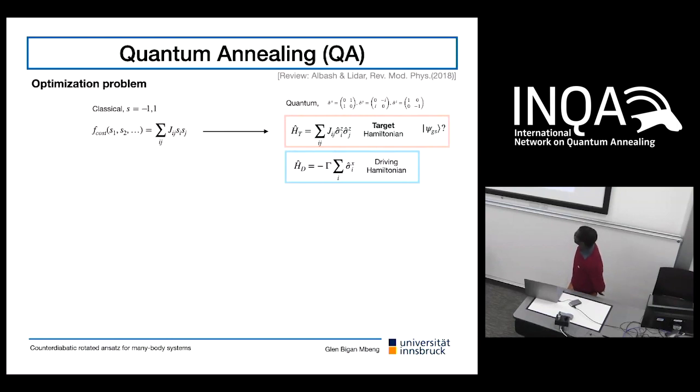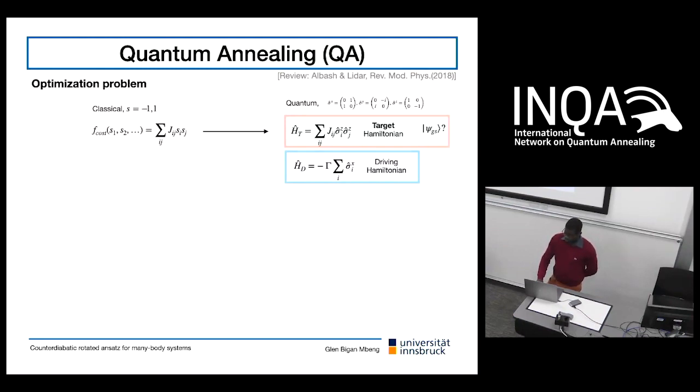So this is the usual quantum annealing paradigm. We start from a classical optimization problem, and we map it to a quantum problem. We have a target Hamiltonian that encodes the problem, and the goal is to find the ground state of the target Hamiltonian.